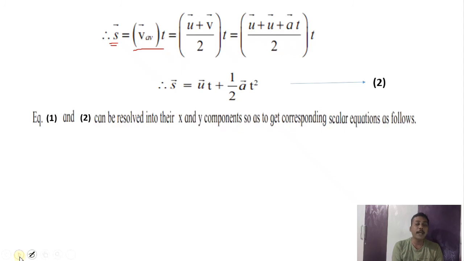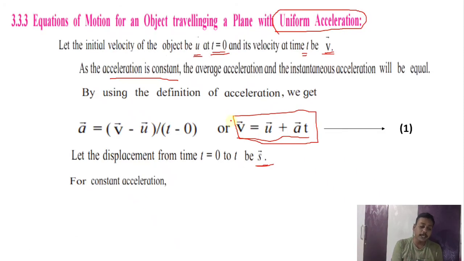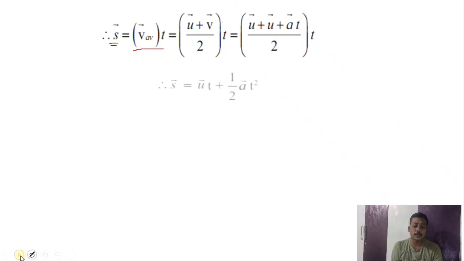Now equations 1 and 2 can be resolved into their x and y components so as to get the corresponding scalar equations as follows. Here the motion is in a plane. If it were rectilinear motion, the first equation v bar is equal to u bar plus a bar t would do, because in rectilinear motion the motion is along a straight line.